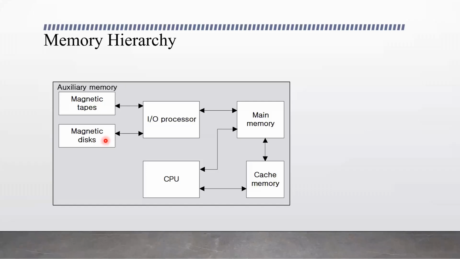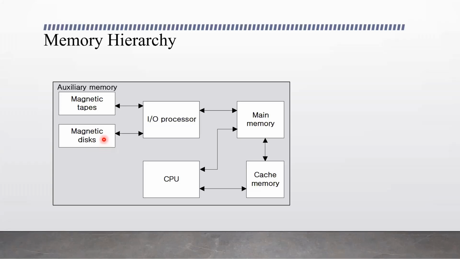Magnetic disk was the input unit there. When we compare it with the other input devices, this is faster. Keyboard is a very slow operating device. So when we compare with those input and output devices, this is the faster operating device.